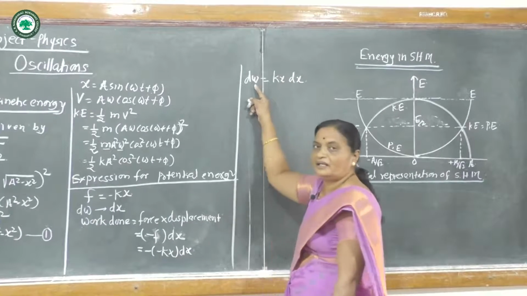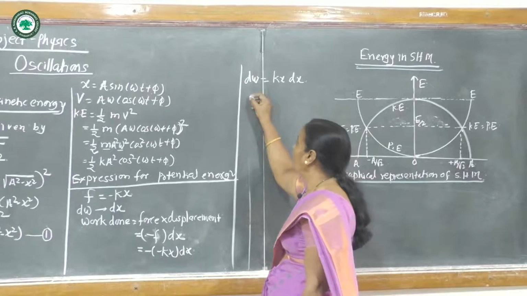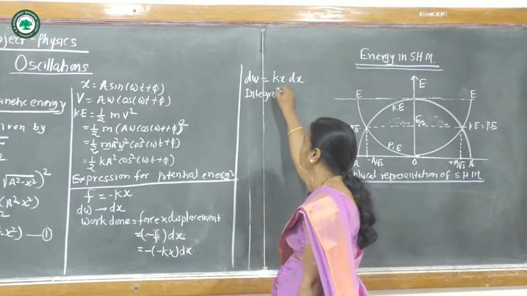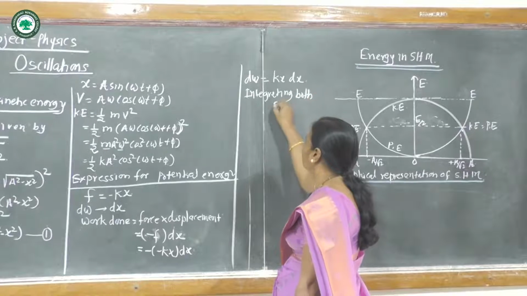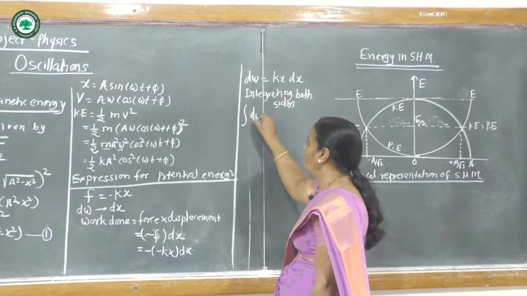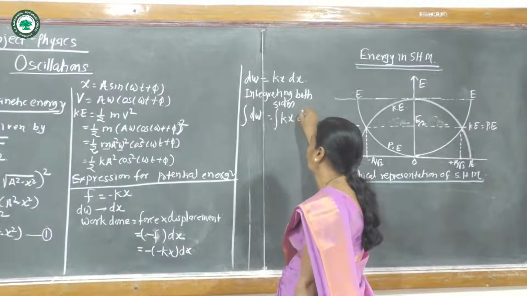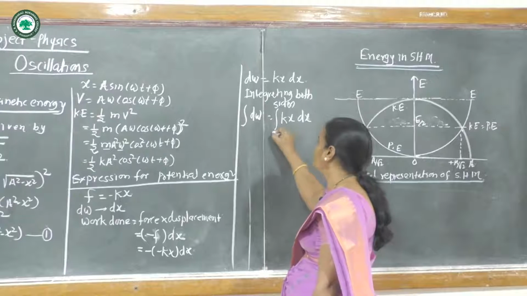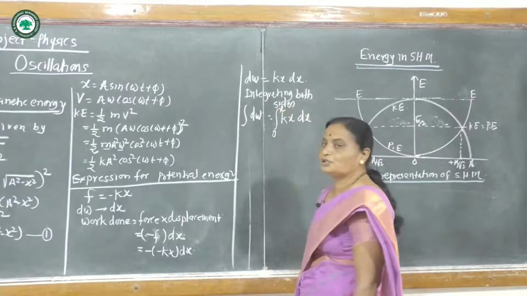Now we have to find the total work done, so integrating both sides, we get integration of dW is equal to integration of kx dx. The displacement varies from 0 to x.